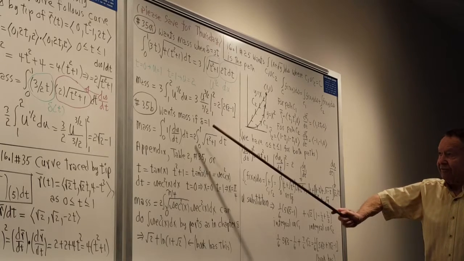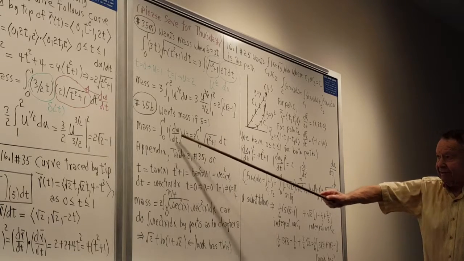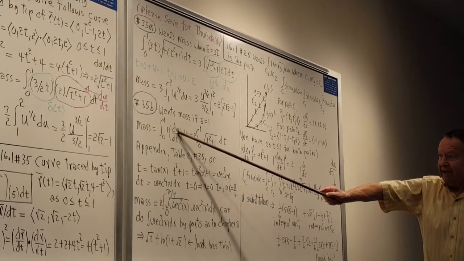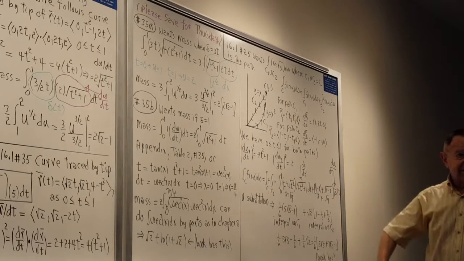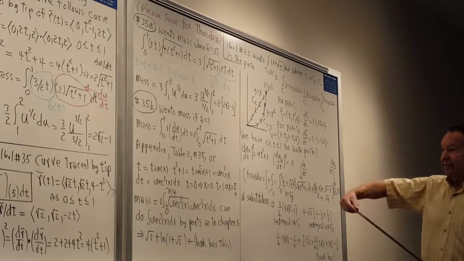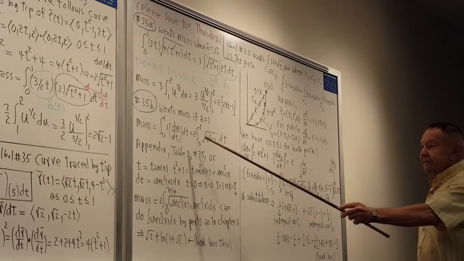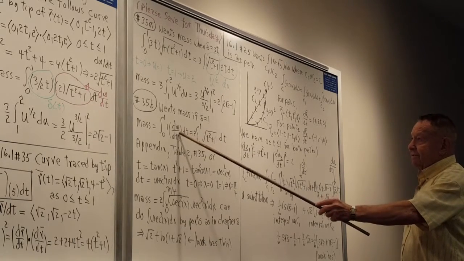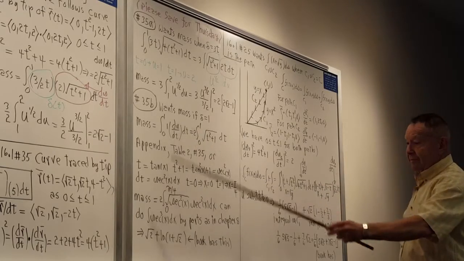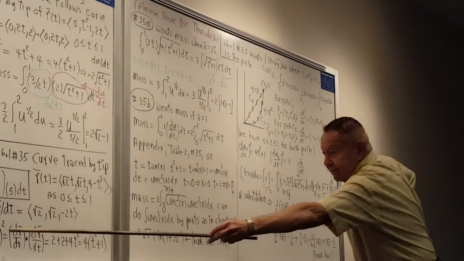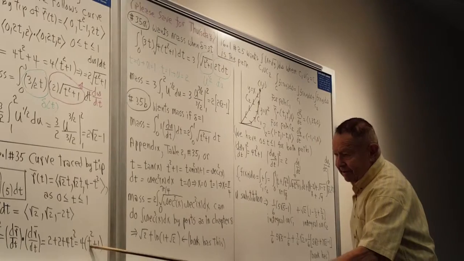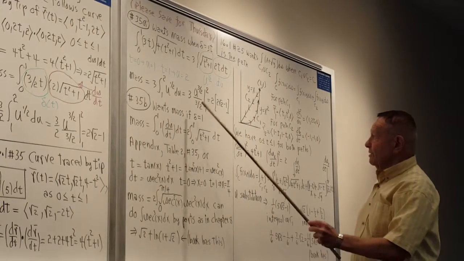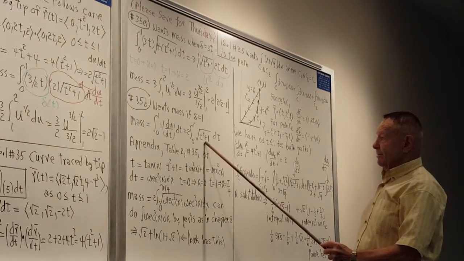If you have constant density, then your mass is really just your arc length. And so your ds/dt again from our work down here is the square root of this, so it's 2 square root t squared plus 1.